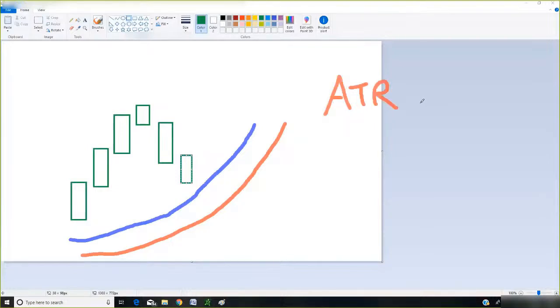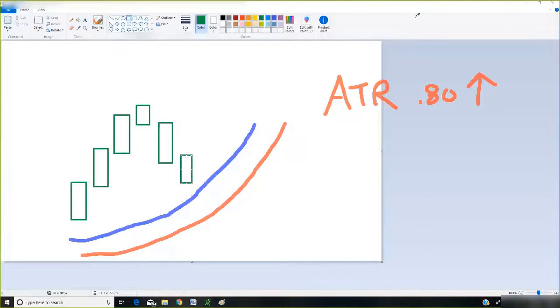The ATR needs to be 80 cents or higher, because we don't want to trade stocks that don't move. We need them to move. Okay? 80 cents or higher.